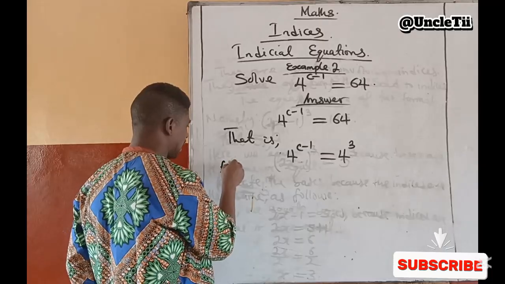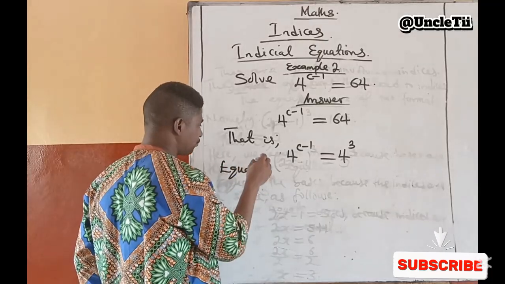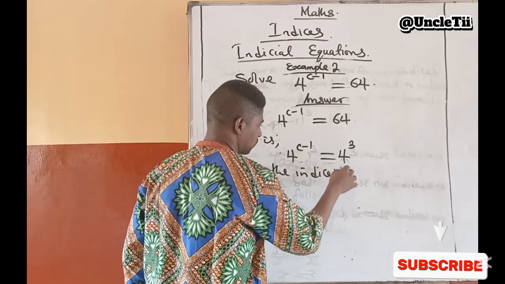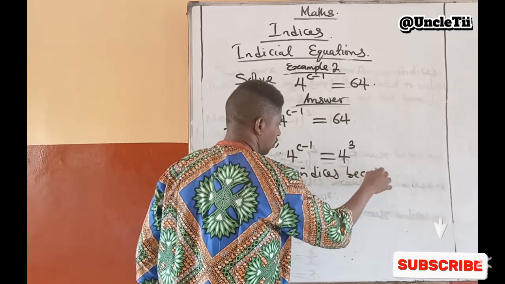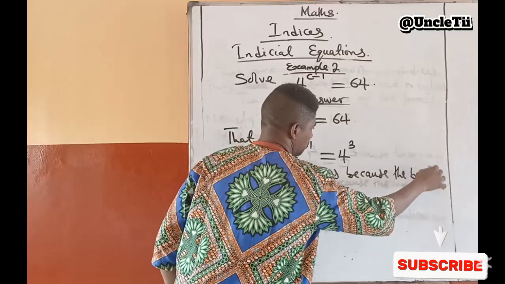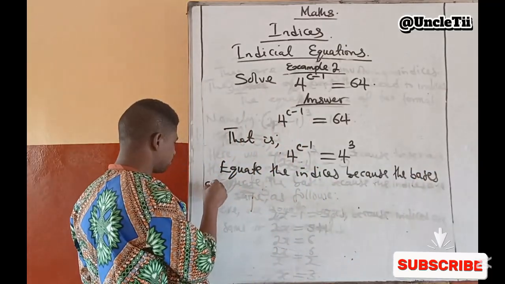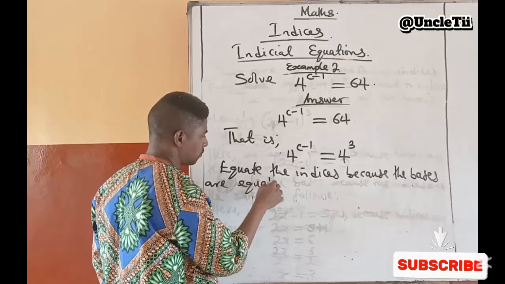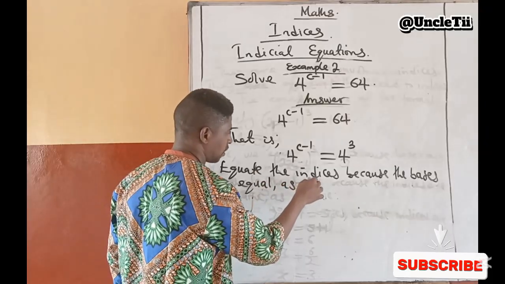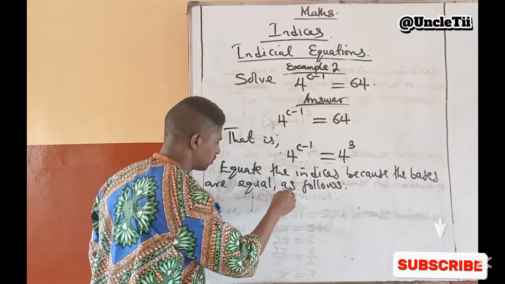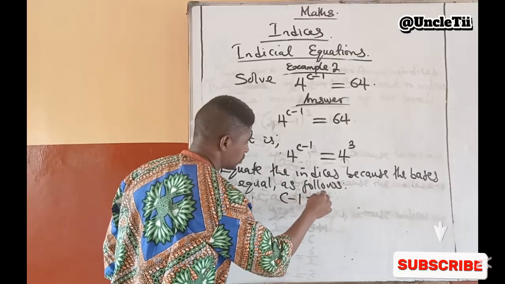So we simply write, equate the indices because the bases are equal, as follows. c minus 1 equal to 3.